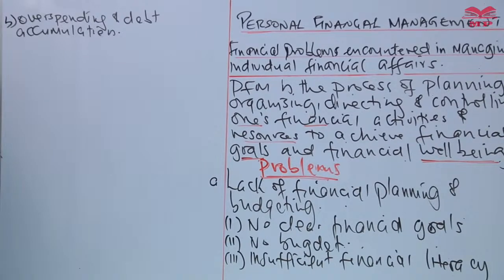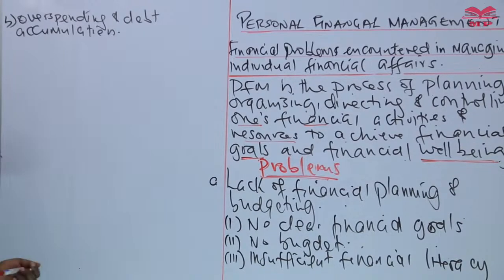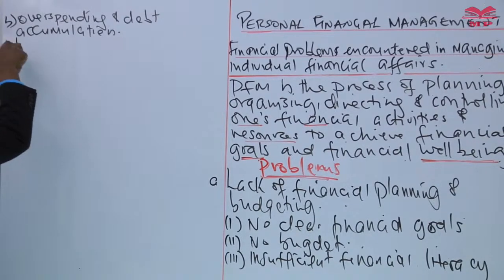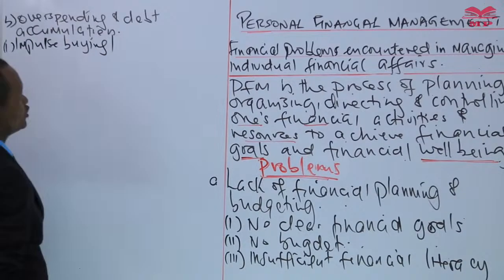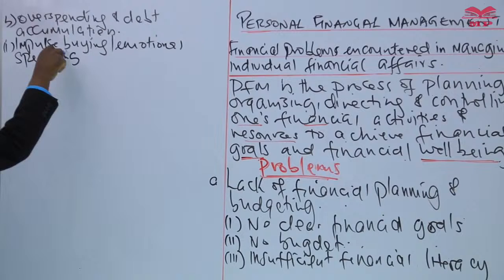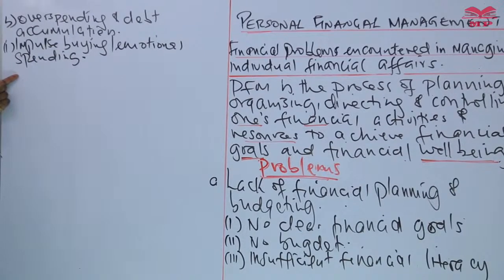And overspending may be done through what we call impulse buying. Number 1, impulse buying or emotional spending. Spending based on emotions rather than needs can lead to unnecessary debt.